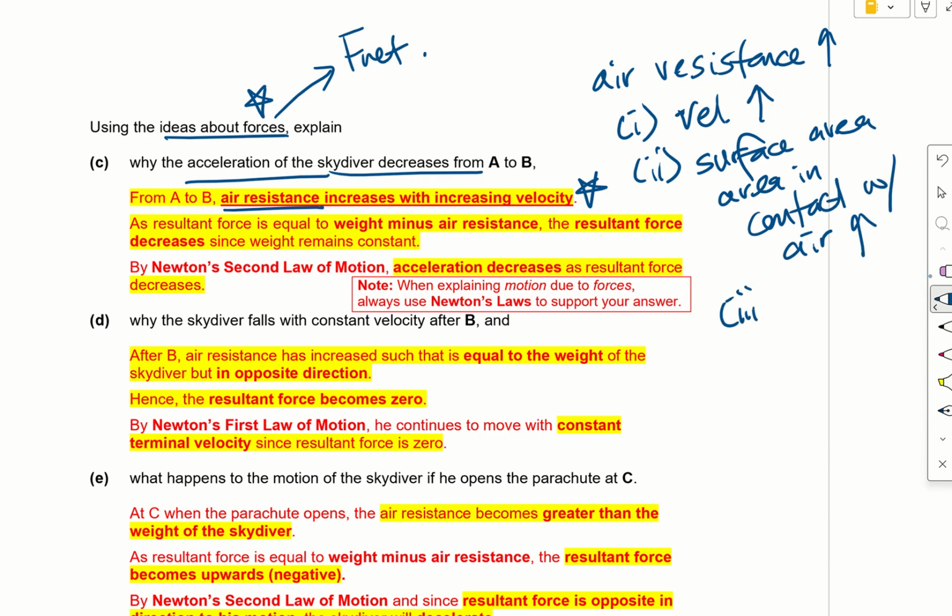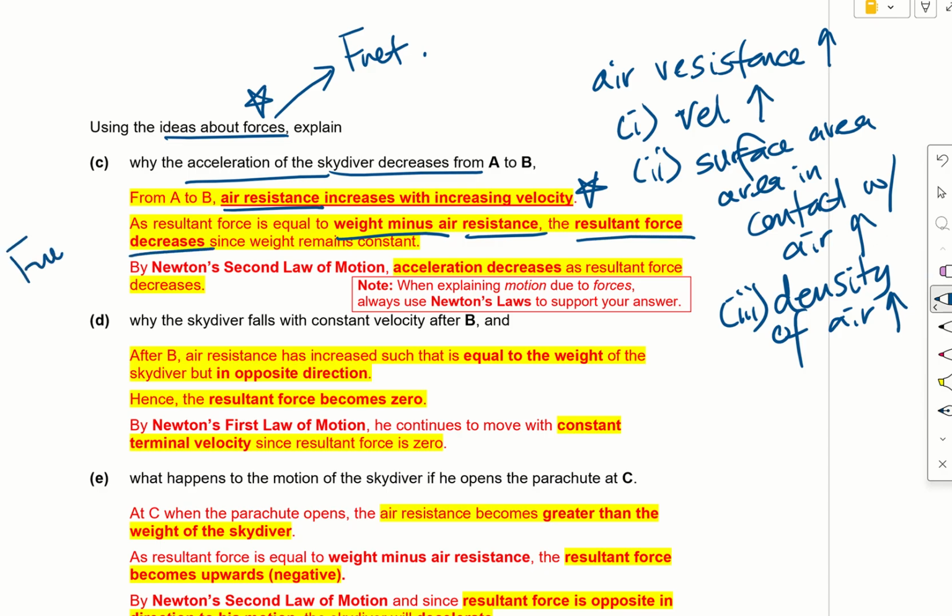And the last one, less common, is when the density of air increases. So these three effects will lead to an increase in air resistance, and of course the other way is true. So as the resultant force is equal to weight minus air resistance, the resultant force decreases. Your F net equals W minus air resistance.